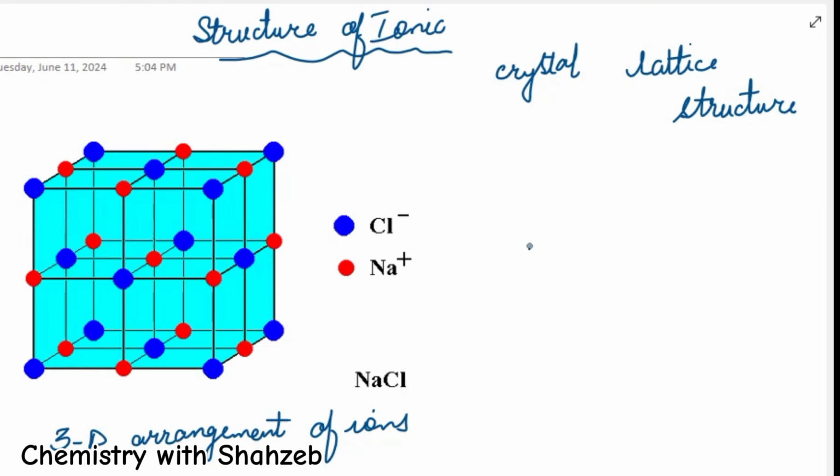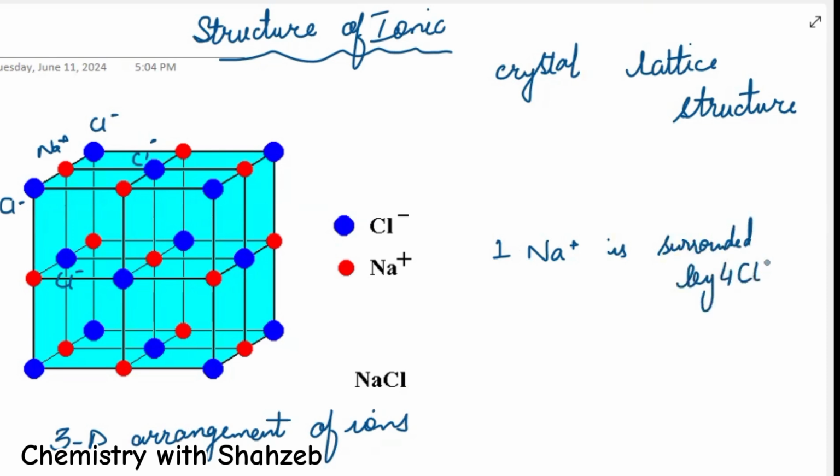So we can see that each sodium, if we say this is red, this is sodium, and it is surrounded by this chloride, this chloride, this chloride, and this chloride. So one sodium ion is surrounded by four chloride ions, and each chloride ion is surrounded by four sodium ions.